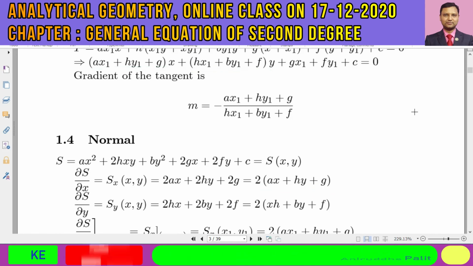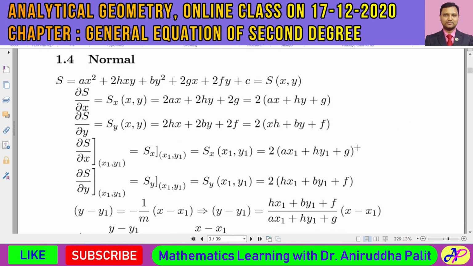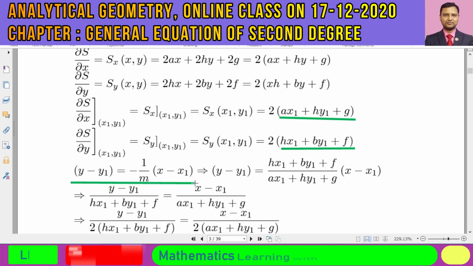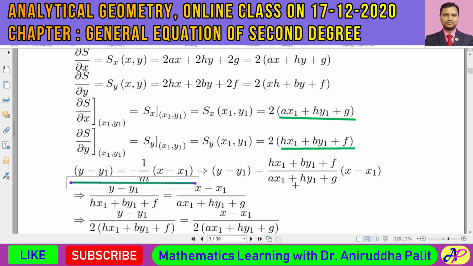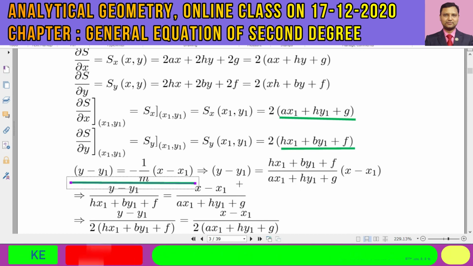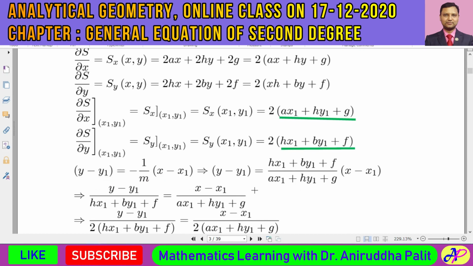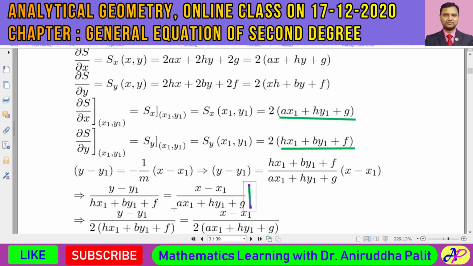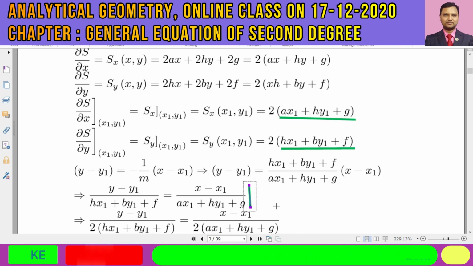These are the coefficients of x and y. Now, if you consider this expression of normal at that point, then under computation this expression can be written in this way: y minus y1 by hx1 plus by1 plus f is equal to x minus x1 divided by ax1 plus hy1 plus g.